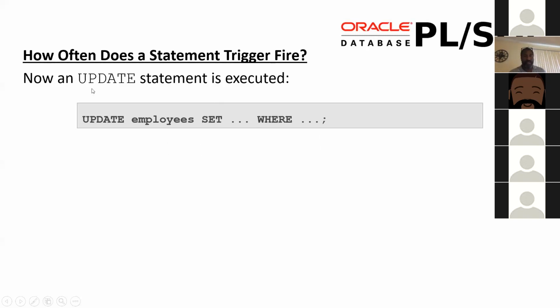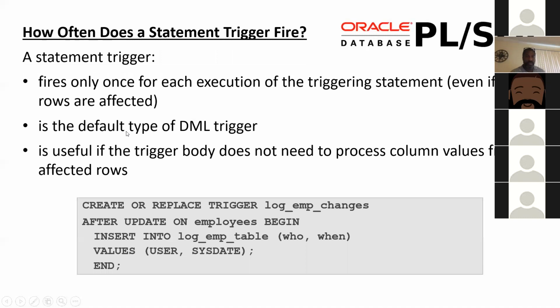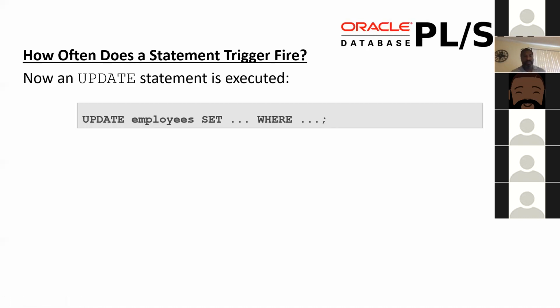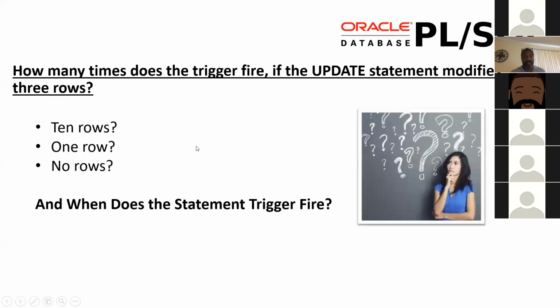So how often does a statement trigger fire? We had built this trigger, after update, insert, basically when a user logs in. So the question is, how often does a trigger fire? When you update 10 rows, 1 row, or no rows, how many times does that trigger fire for those scenarios?